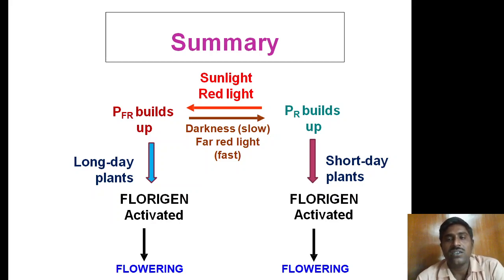With red light, PR builds up and immediately converts into PFR. As a result, the low amount of PFR at night time leads to the activation of the florigen. The florigen leads to the flowering response in short day plants.